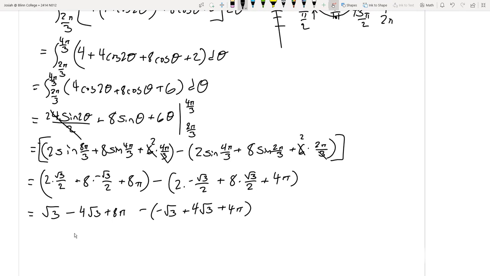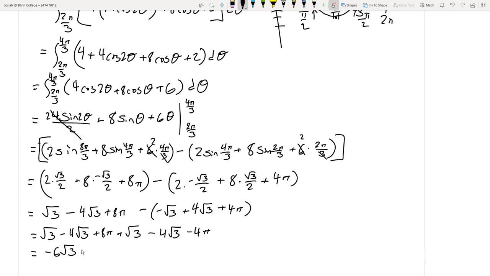Okay, and then we'll go ahead and distribute our negative. So we've got plus root 3 minus 4 root 3 minus 4 pi. And then go ahead and combine all of our like terms here. Let's see, we've got negative 3 root 3, negative 2 root 3, negative 6 root 3.